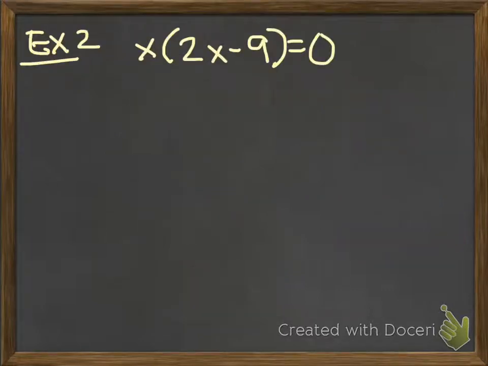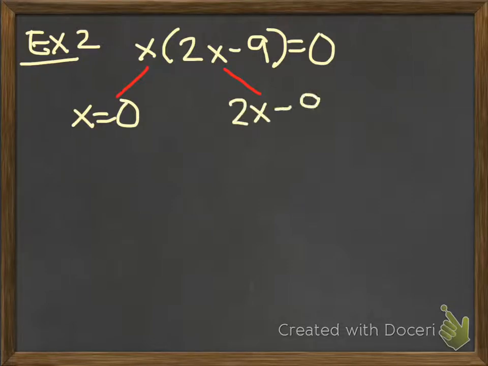Example 2, x times quantity 2x minus 9 equals 0. Okay, again we have two answers. This can be 0 or this can be 0. So x can be 0 and 2x minus 9 can equal 0.